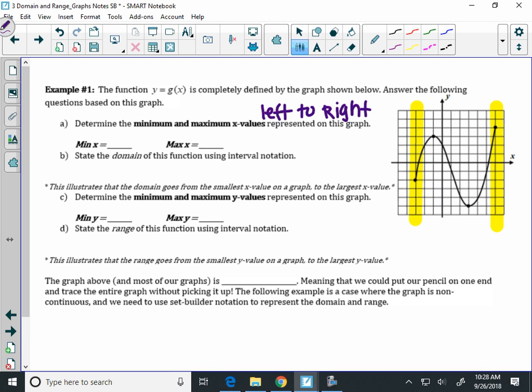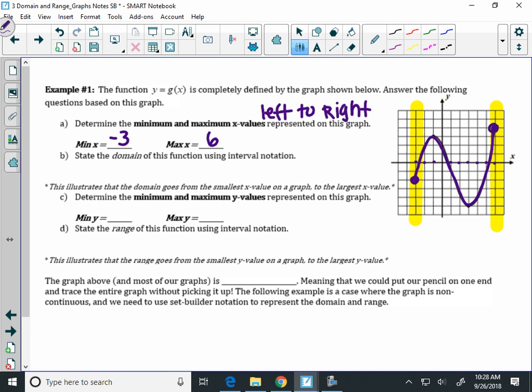So the minimum x value is at negative 3 here, counting 1, 2, 3. So that's my minimum x. And my biggest x, my maximum, is at 1, 2, 3, 4, 5, 6. Since this graph is continuous, meaning I can trace it without picking up my pencil, and there are endpoints at either end, my domain is every x value in between negative 3 and 6.